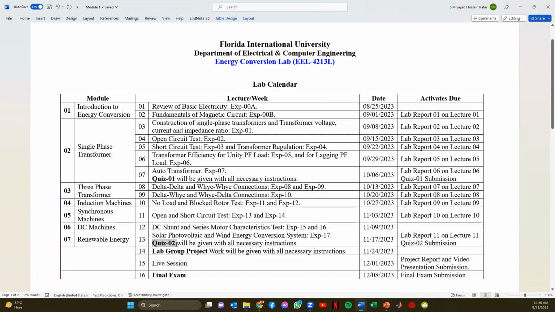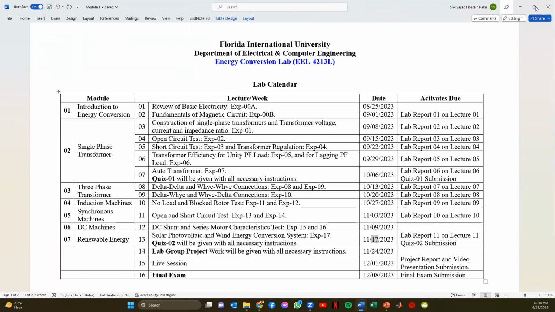Quiz 2, I'll post it on 11. By the way, this is American style, so 08 means month, 25 is day, and this is year. So 11 means November 17th. I'll be posting this one.